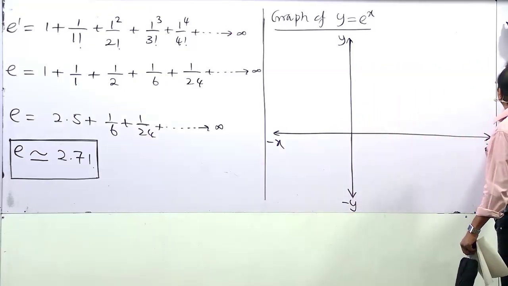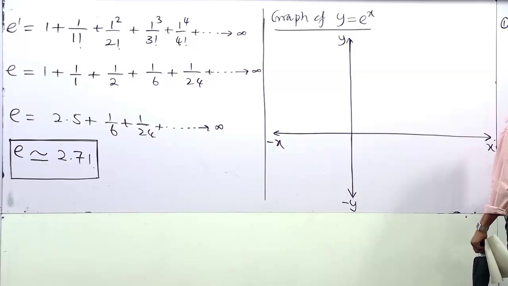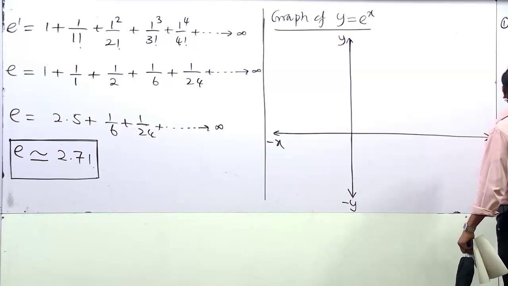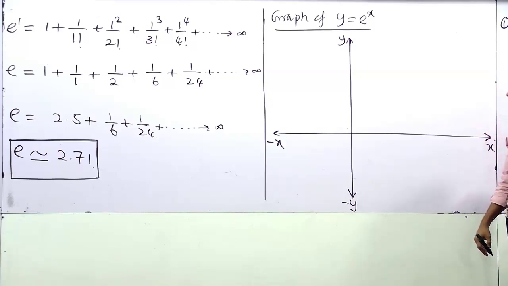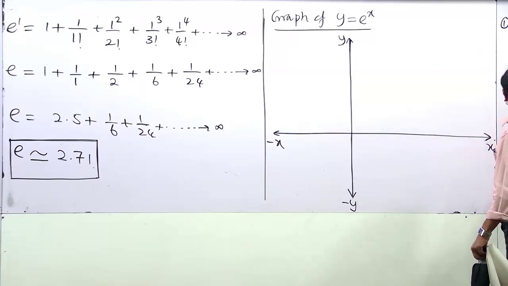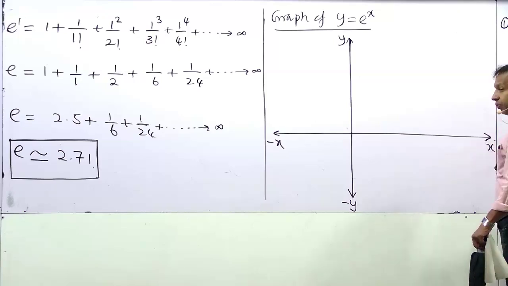The important values we calculate like this. First one, when x equals 0, I am going to find the y value. We need to draw y equals e^x. When x equals 0, what is y? Put that 0 here: y equals e to the power 0.